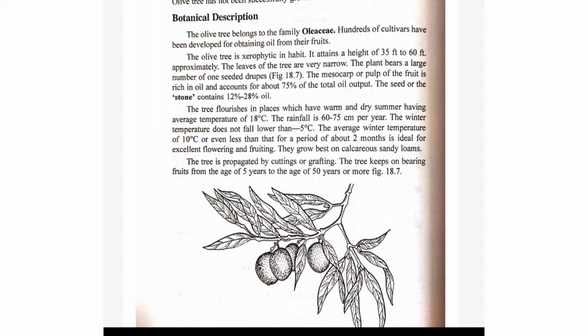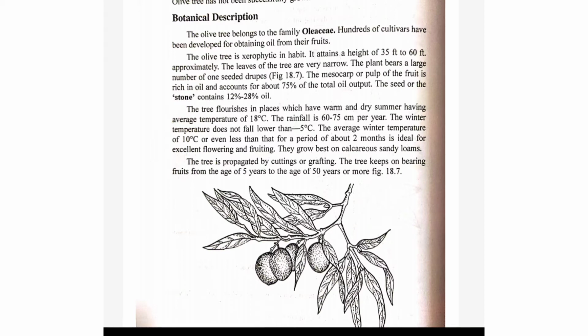The winter temperature should not fall lower than minus 5 Celsius, and an average winter temperature of 10 Celsius or even less for a period of about 2 months is ideal for excellent flowering and fruiting.